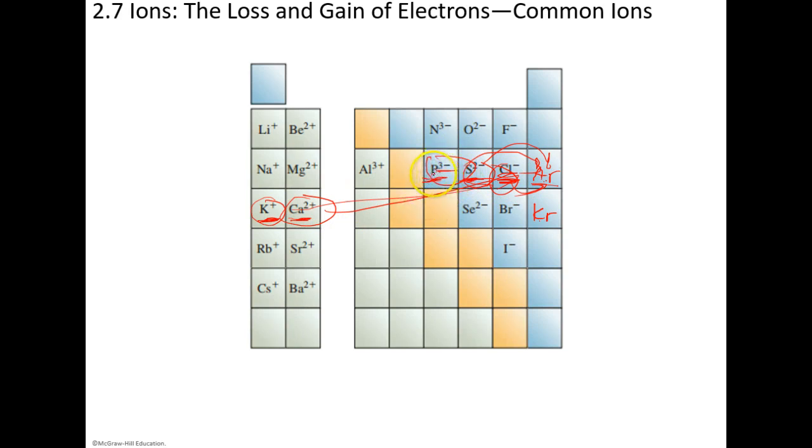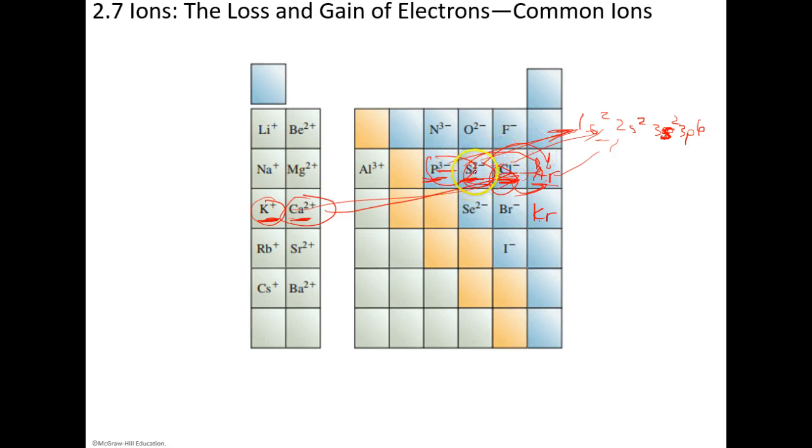So phosphorus 3- has the same electron configuration as argon. All right, all their electron configurations are 1s2, 2s2, 2p6, 3s2, 3p6. That's the electron configuration for argon. That's also the electron configuration for Cl-, for S2-, for P3-.